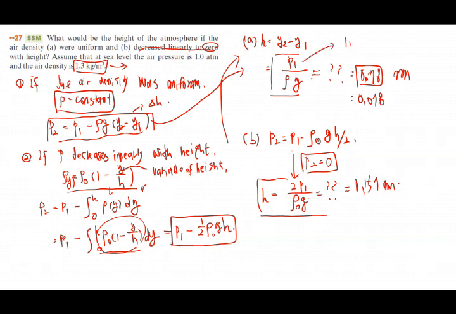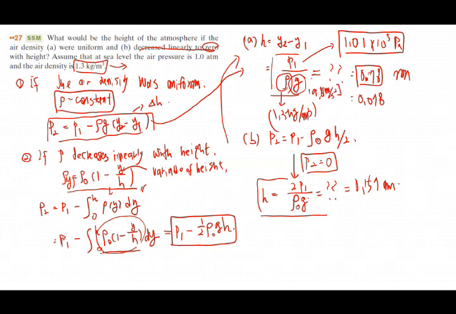That's 1.01 times 10 to the 5 Pascal, the atmosphere at the reference point. And rho is 1.3 kilograms per cubic meter. And g is 9.8 meters per second squared, right?